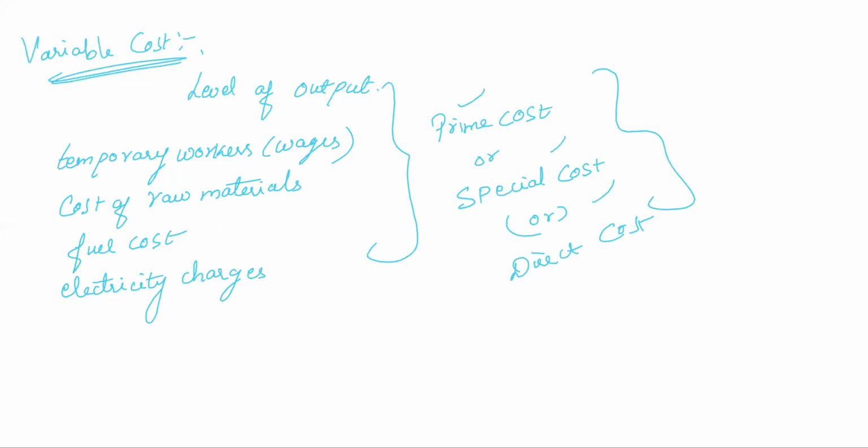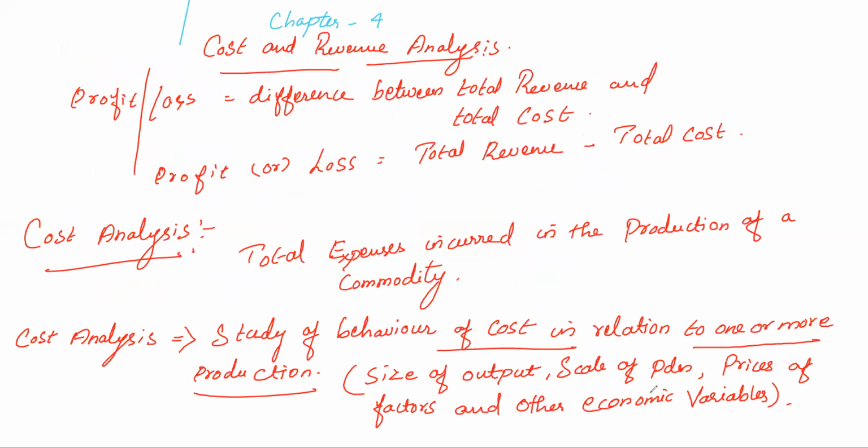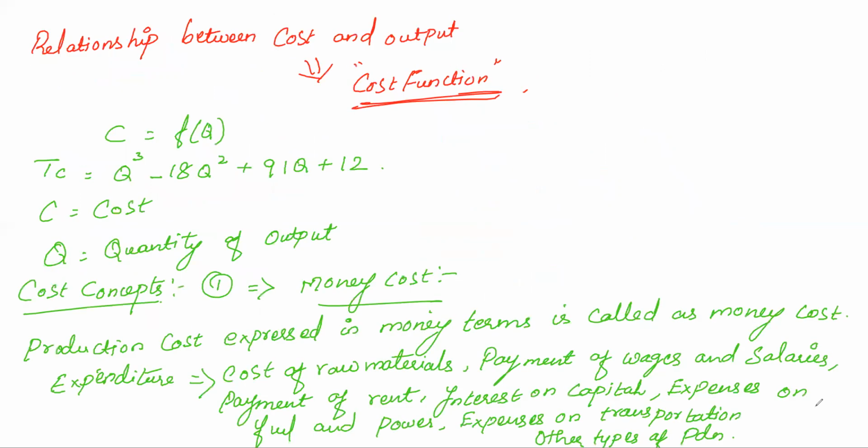Okay, that's all. So once again I repeat it ma. First one, cost and revenue analysis. Profit or loss calculate பண்ணனும்னா total revenue minus total cost. Next one is the relationship between cost and output, that is the cost function, with formulas.